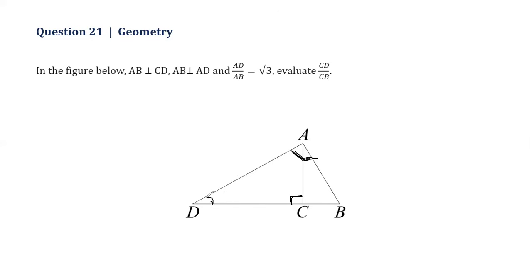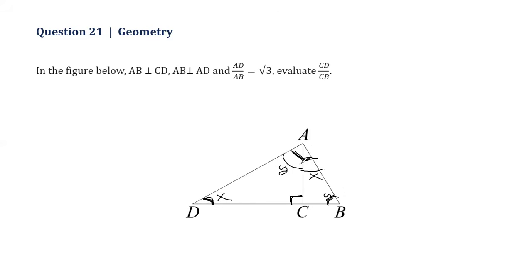So let's say this angle is x, and the angle here is y. So this angle would then be equal to y, and this angle would then be equal to x.